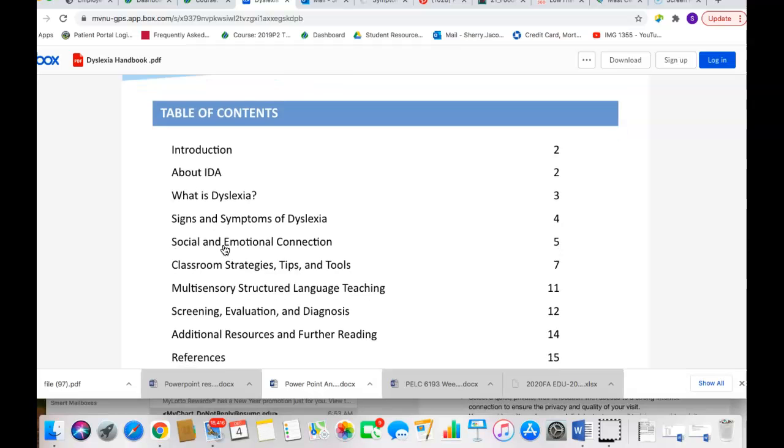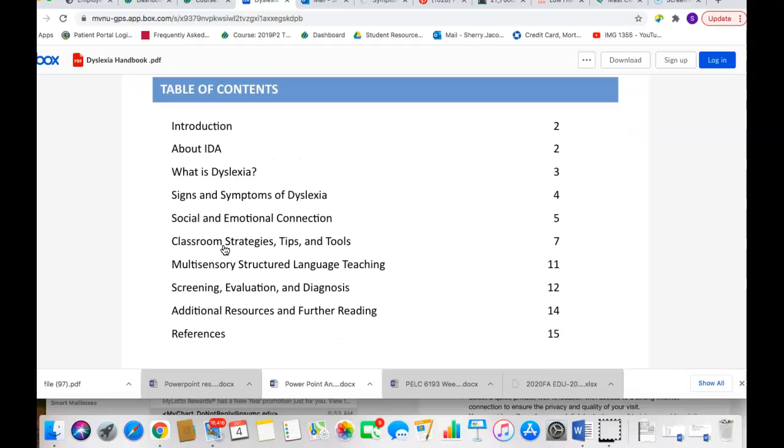This is a really very short booklet here that explains about dyslexia, what it is, what some of the signs and symptoms are, how that it can cause problems socially and emotionally, what classroom strategies that you can use, multisensory structured language teaching, how people get screened, evaluated, and diagnosed, and other additional resources for further reading.